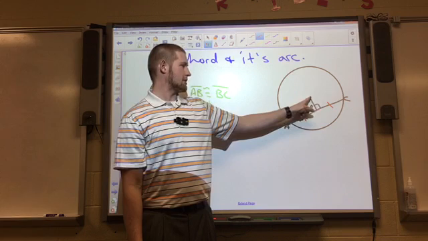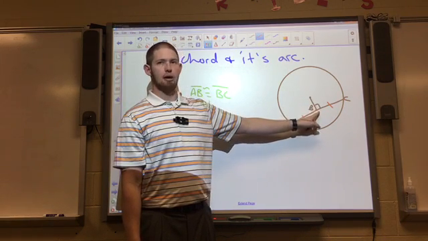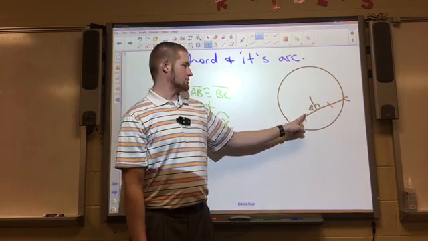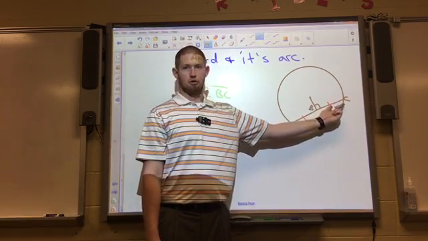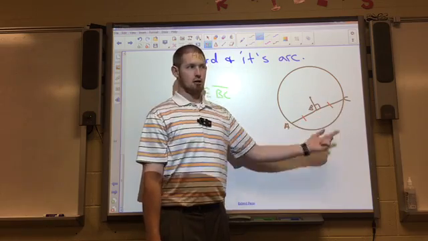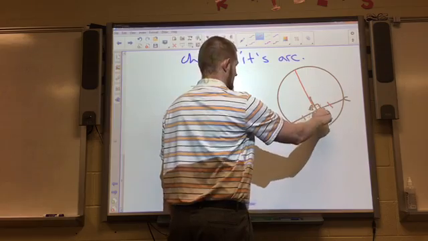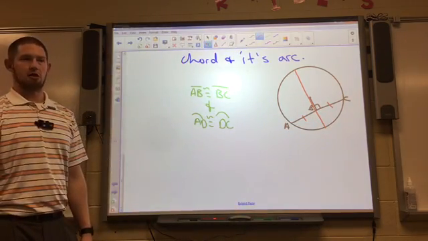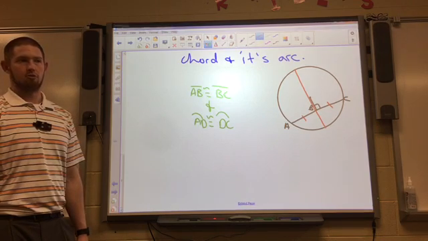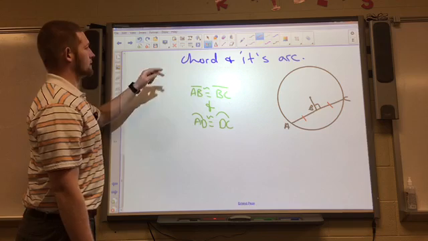But if I have a segment coming from the center point and it's perpendicular to a chord, it still bisects the chord. So that segment is still congruent to that segment. Okay? Because could I change this into a diameter? Yes. I could just extend it in both directions and it would be a diameter because it goes through the center point, correct? Okay, so just be aware of that.